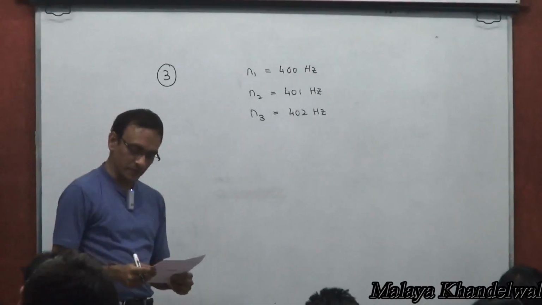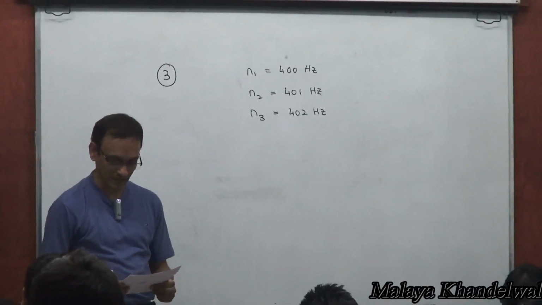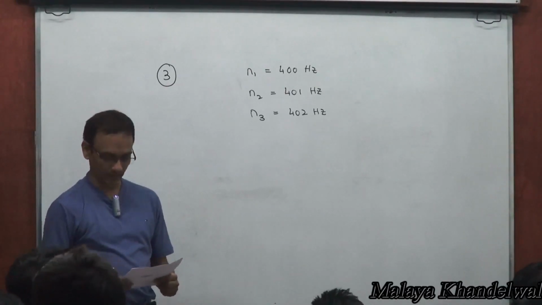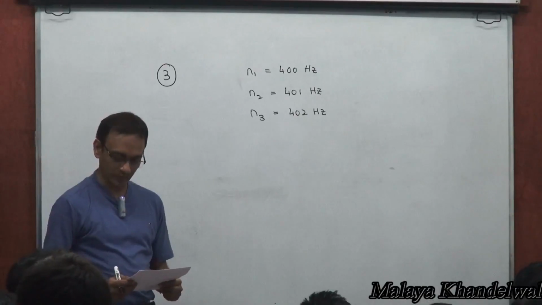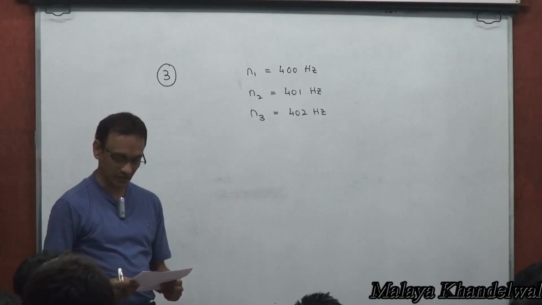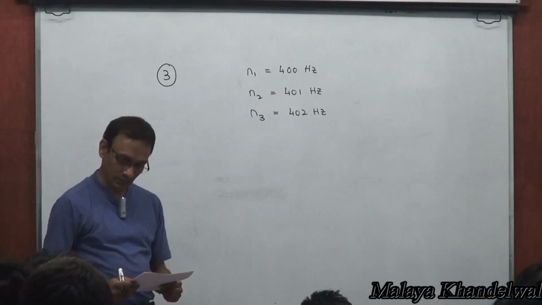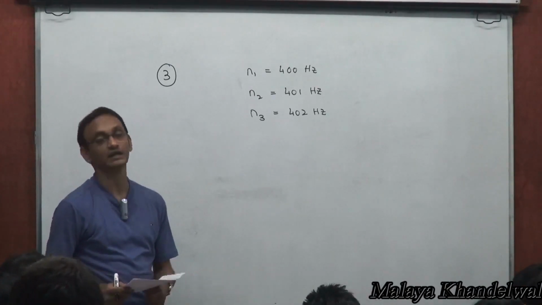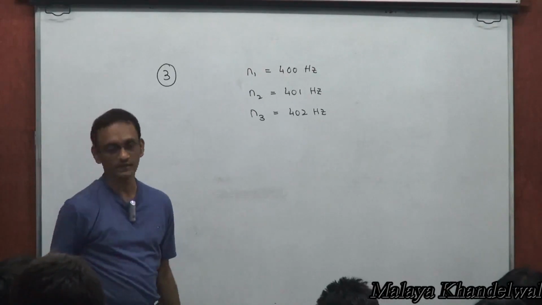A detector receives pulse from all these three sources simultaneously, and it can detect signals of amplitude greater than or equal to A. We want to calculate the period of one complete cycle of intensity, and the time for which the detector remains idle in each cycle of intensity.